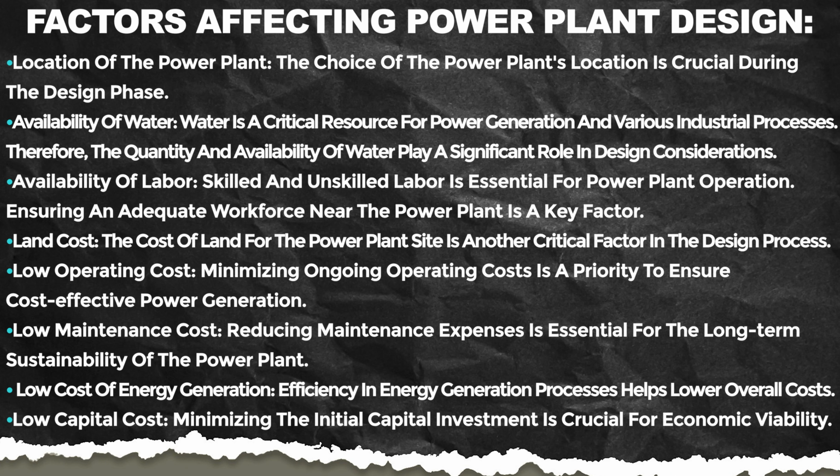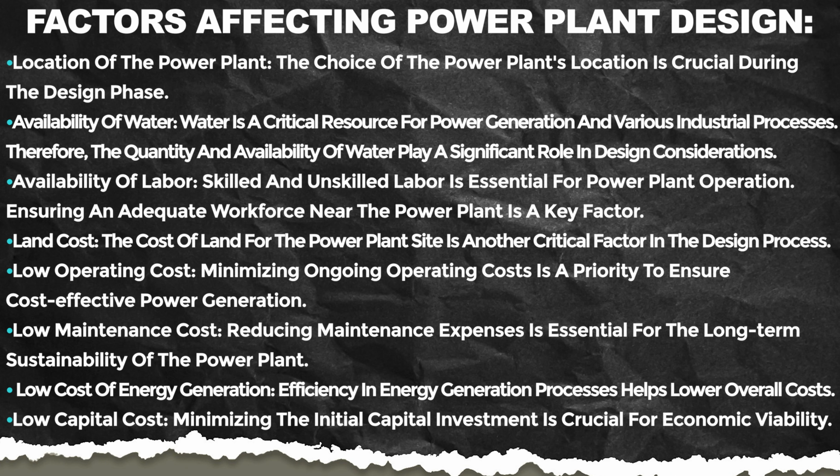Next is availability of labor. Skilled and unskilled labor is essential for power plant operation. Ensuring an adequate workforce near the power plant is a key factor. Coming to the land cost, the land cost of the power plant site is another critical factor in the design process.